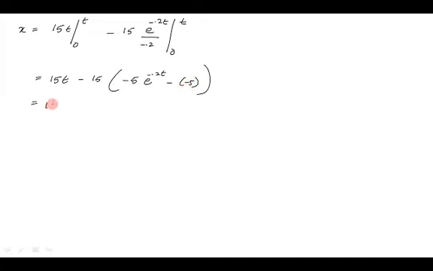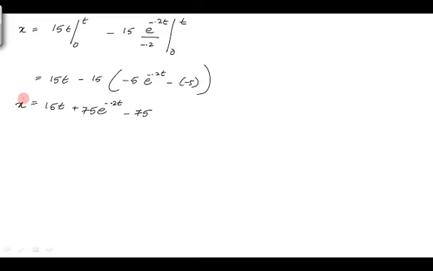So this gives me 15t plus 75 into e raised to minus 0.2t, and 15 into 5 multiplied gives me minus 75.